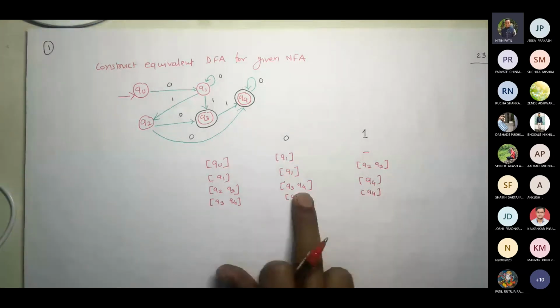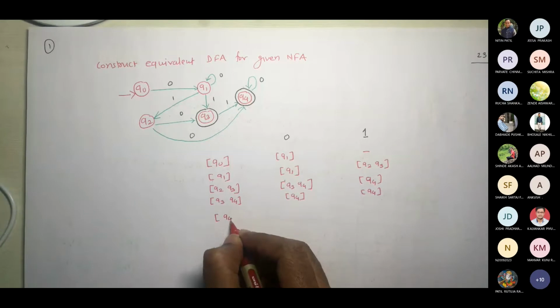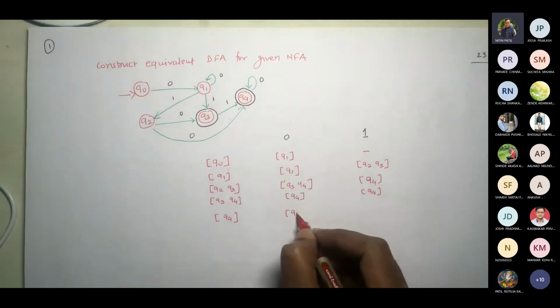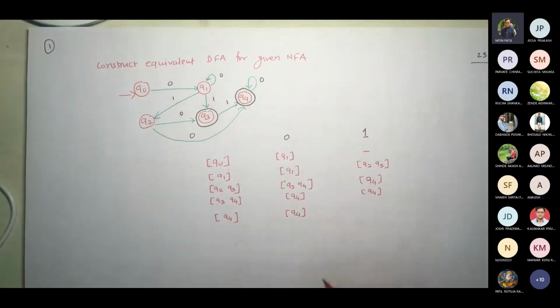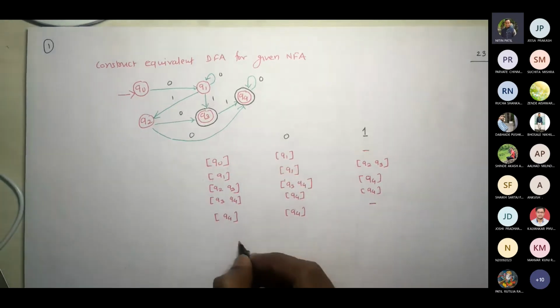Now which is the new entry? We got Q4, so write Q4 here. What is Q4 on 0? Dash. Q4 on 1 is dash. Now what would be your Q dash right now as per this diagram?